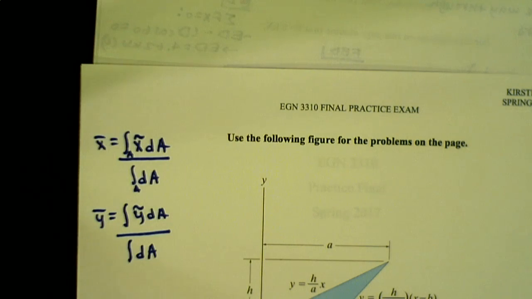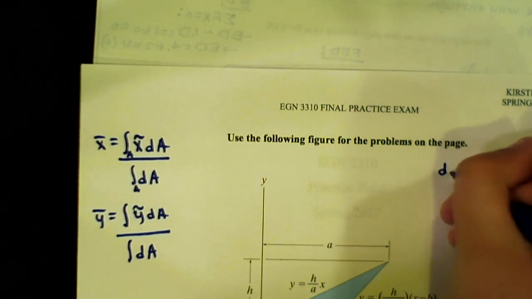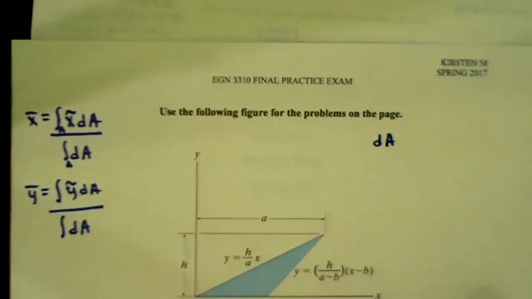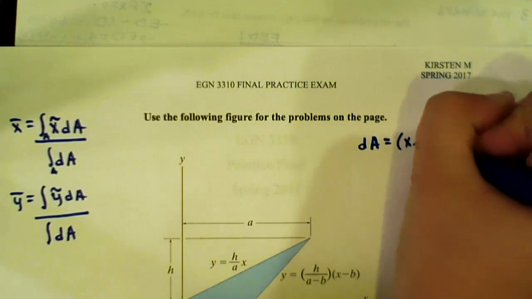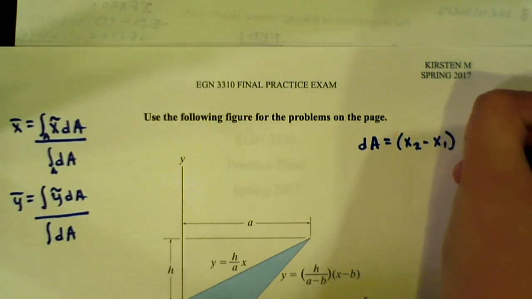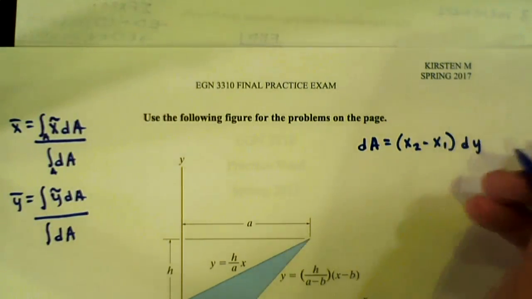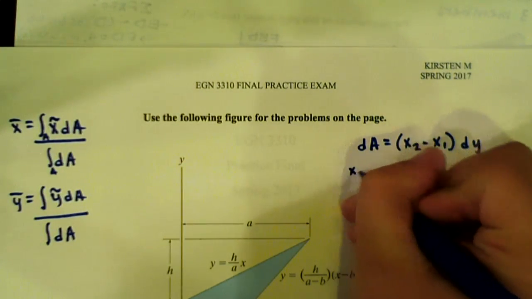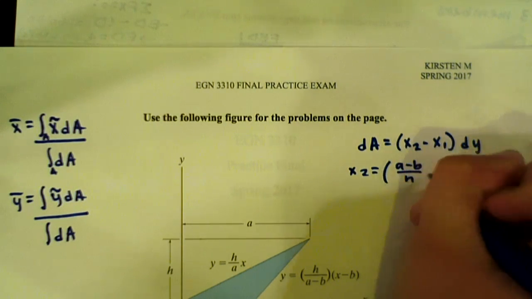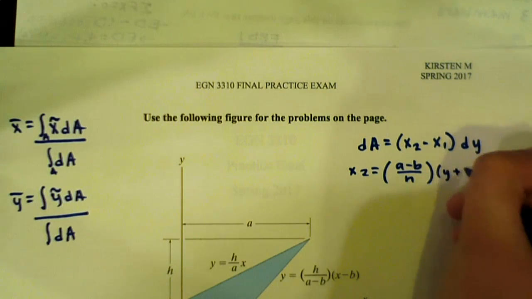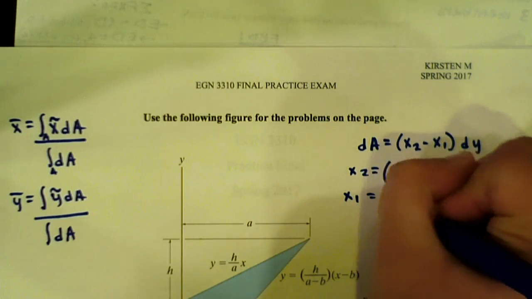The first thing I like to do is define what my dA is going to be. In this case, dA is going to be x2 minus x1 dy, with x2 being equal to a minus b over h times y plus b, and x1 being equal to a over h times y.